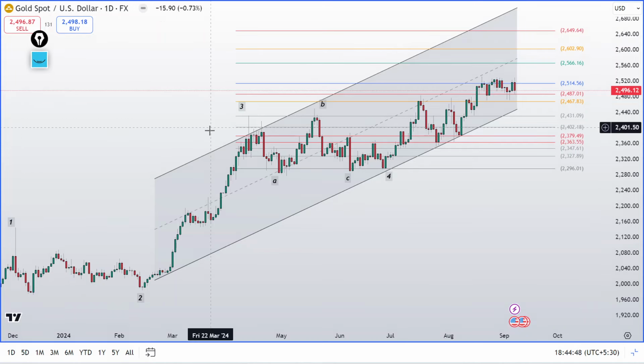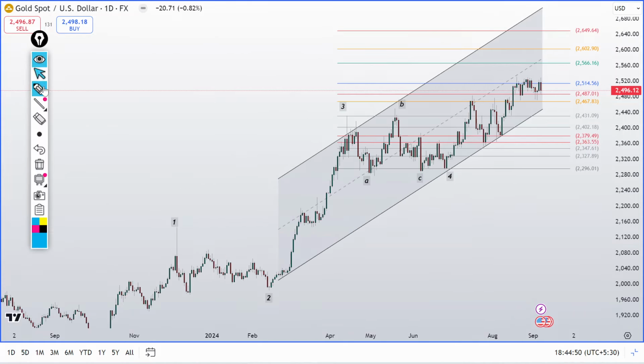If we draw the different cyclic moves, we can consider this as cycle 1 to 2, then 2 to 3, and then 4, and the fifth cycle is currently in formation. After making this high, we saw a correction, or consolidation-like movement, and after this we saw a continuous bull move.